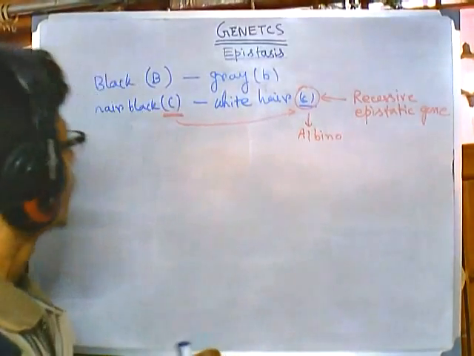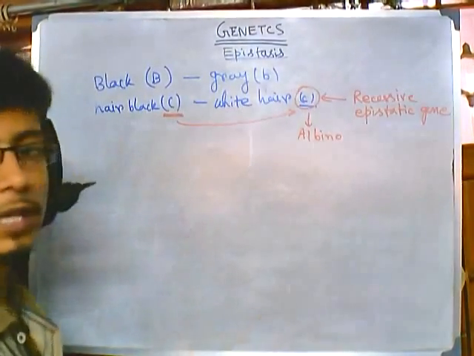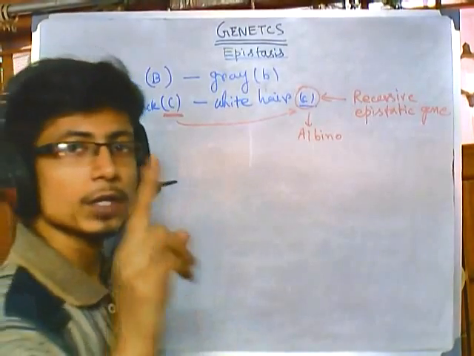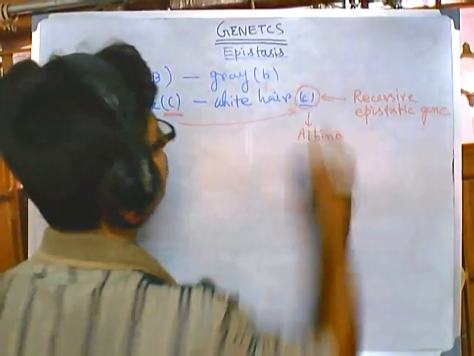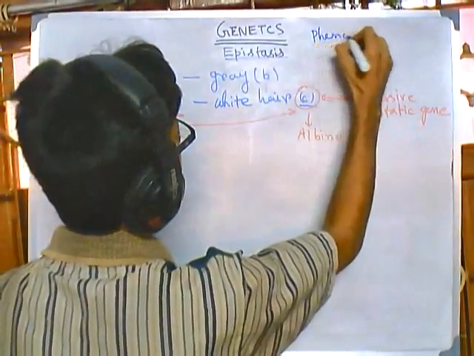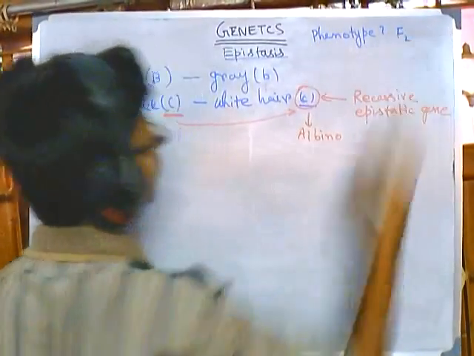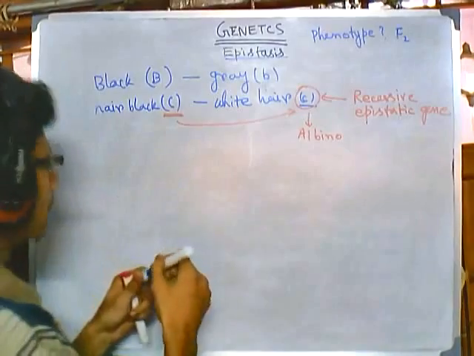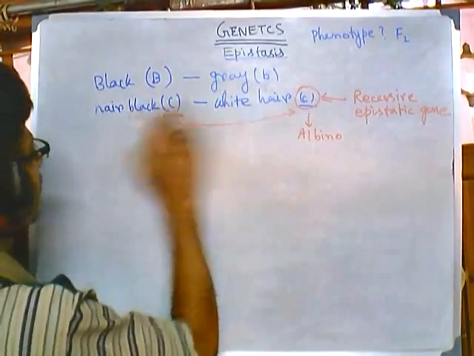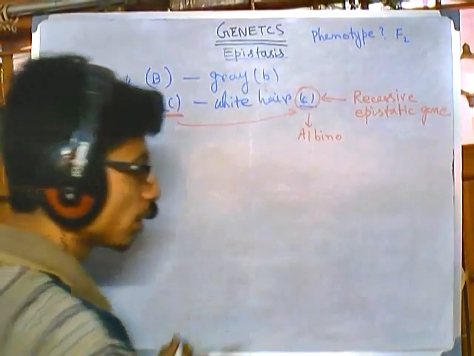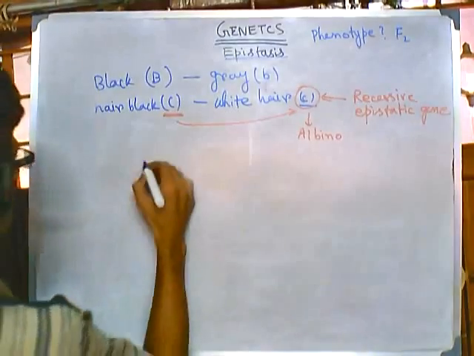Okay, so this is the problem, and we need to derive the phenotypic ratio in the F2 generation. So what is the phenotypic ratio in F2? So what is going to be the answer? So black, gray, and this is the possibility. So the cross is again between like this.